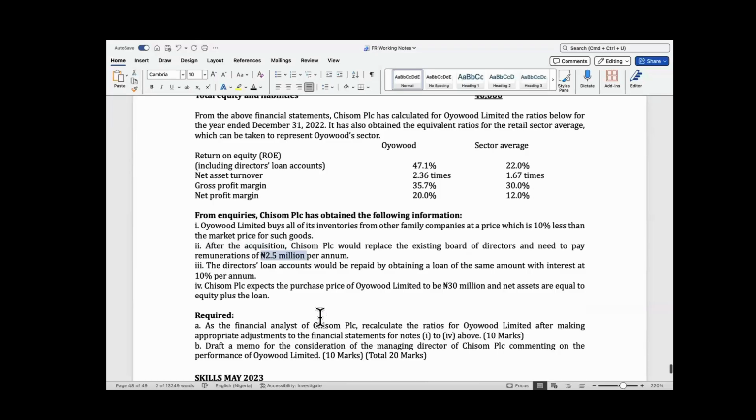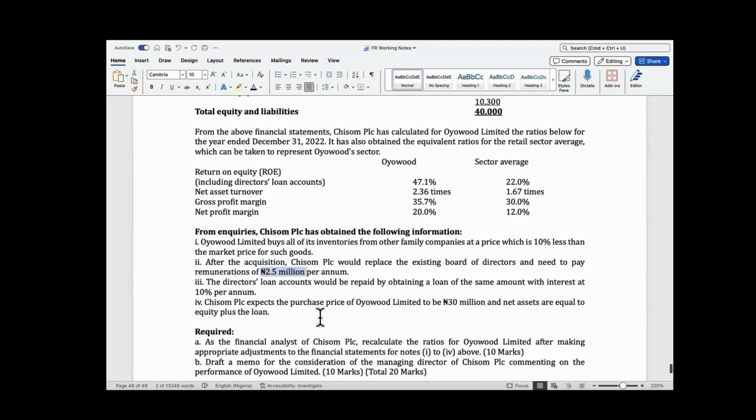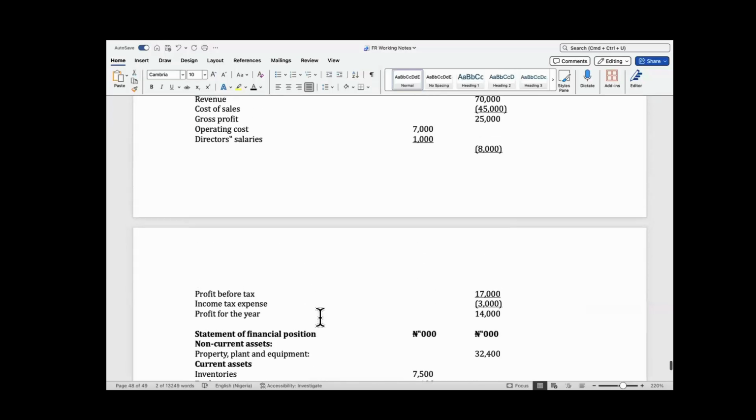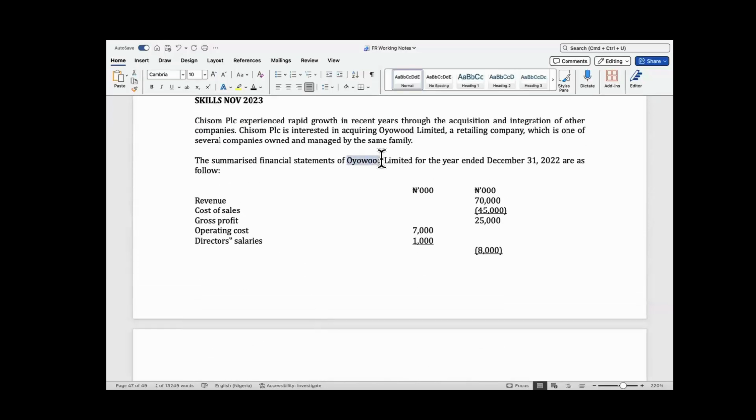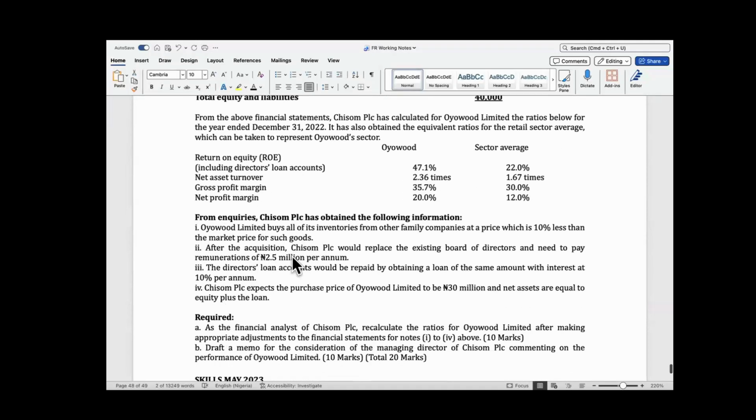So that means this has to be considered, because if he acquires Oyo Wood, there will be an additional expense on this company relating to directors' remuneration. So you need to replace existing and need to pay them 2.5 million per annum. So this needs to be added to its costs.